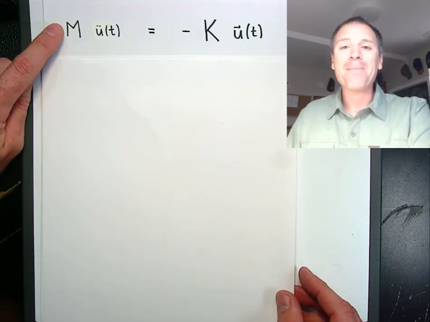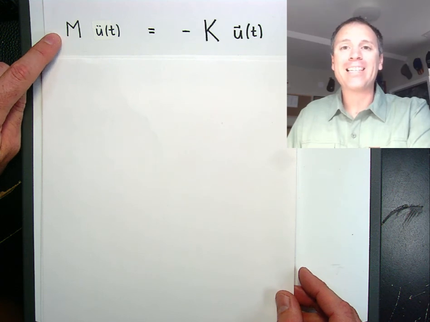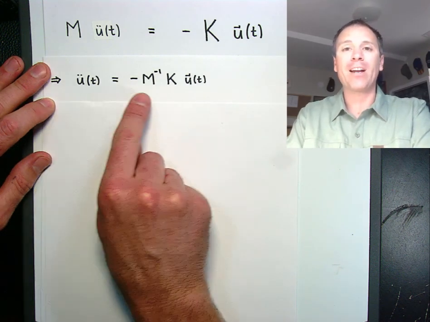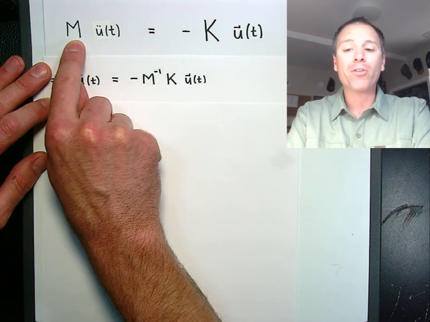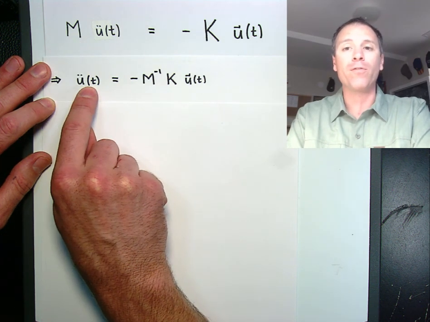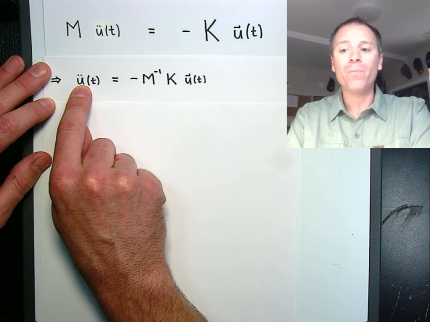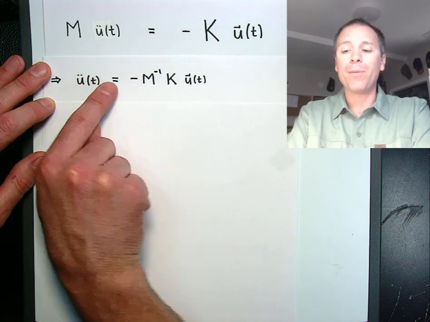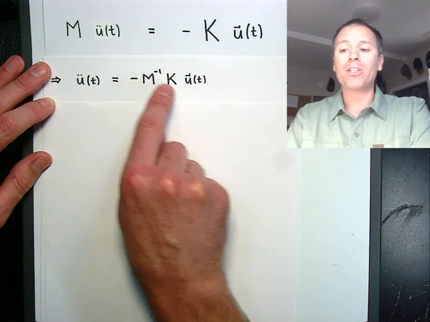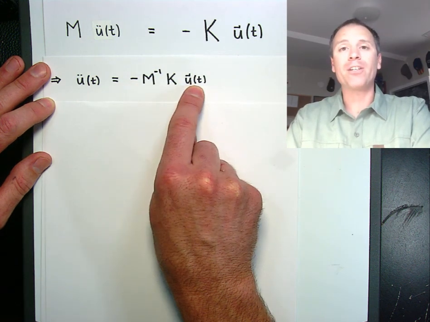The statement that the matrix M is invertible is identical to saying there exists an inverse to M. Specifically, we could multiply both sides of that equation by M inverse. M inverse times M goes to the identity. Identity times the second derivative of u leaves the second derivative of u. On the right-hand side, when we multiply on the left by M inverse, we get negative M inverse times K times the desired displacement function.